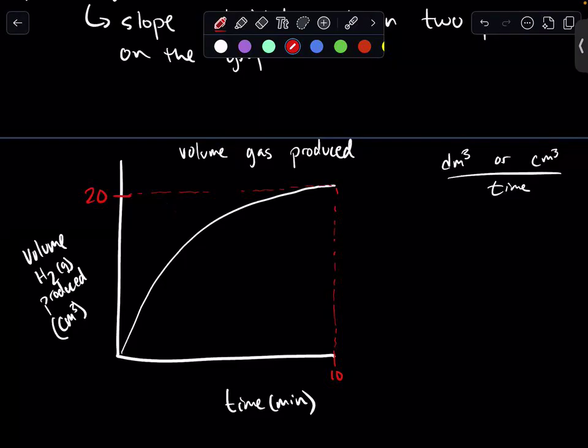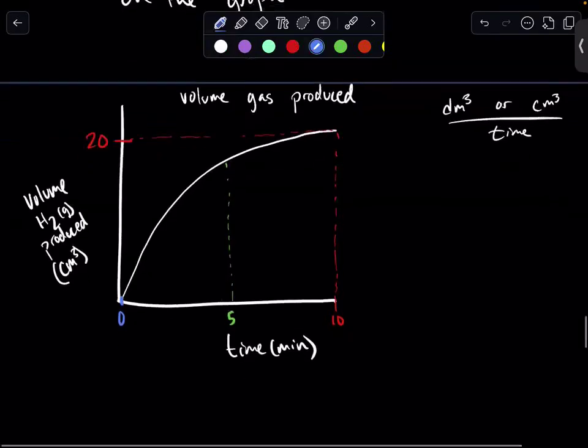We'll look for an instantaneous rate smack dab in the middle at 5 minutes. And we'll start adding some more points as we see fit, and try and keep them pretty straightforward. So we can calculate all our different points.